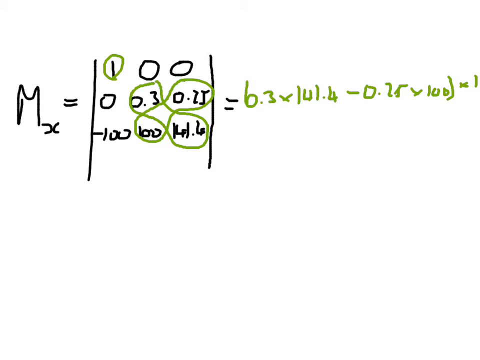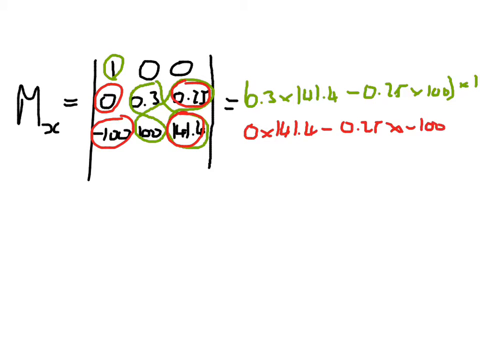Not by i, by 1. I'm then going to do 0 times 141.4 minus 0.25 by minus 100. That would all be negative because it's your j component, your second component. And I'm going to times it by 0, which is obviously going to be 0.